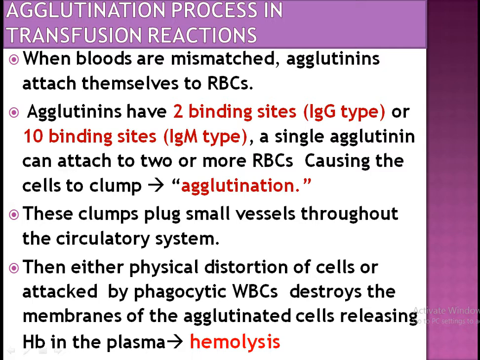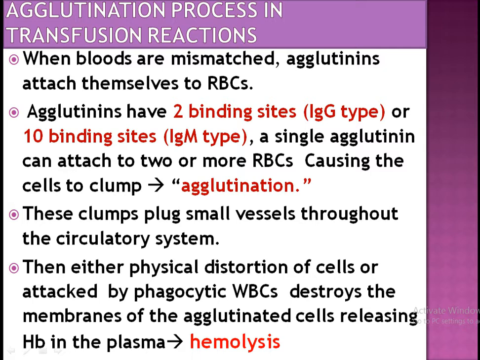Agglutinin have two binding sites if the type is IgG, or 10 binding sites if the type is IgM. A single agglutinin can attach to two or more RBCs, causing the cells to clump, and the process is called agglutination.